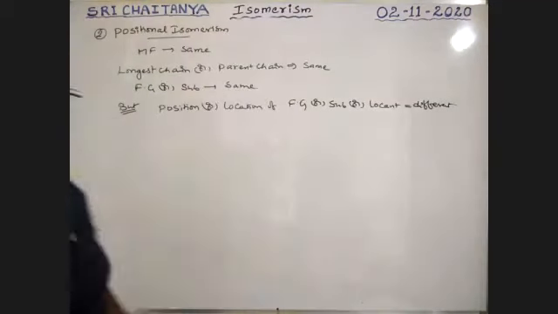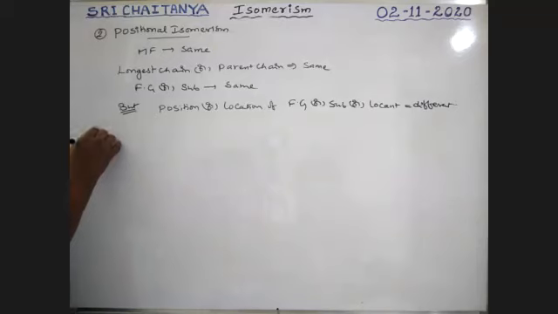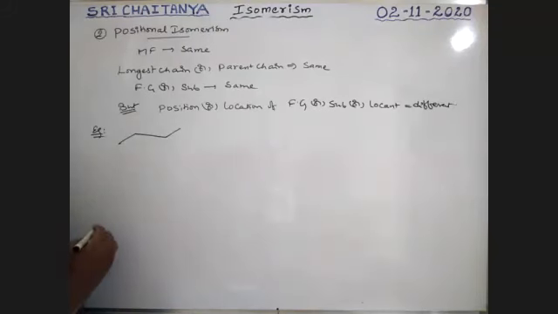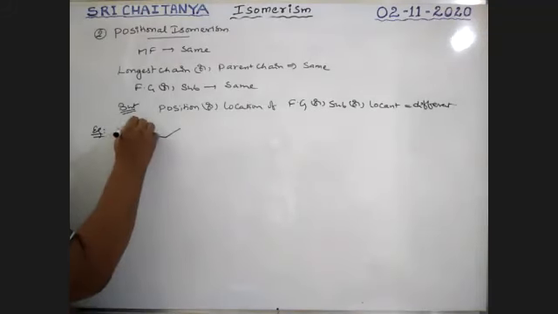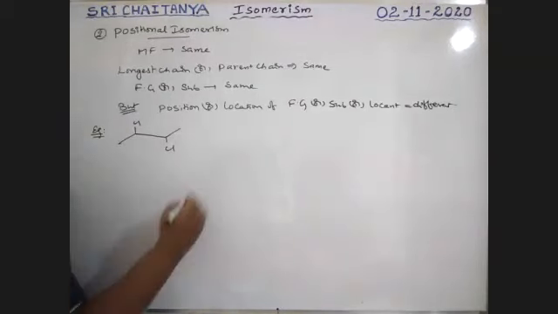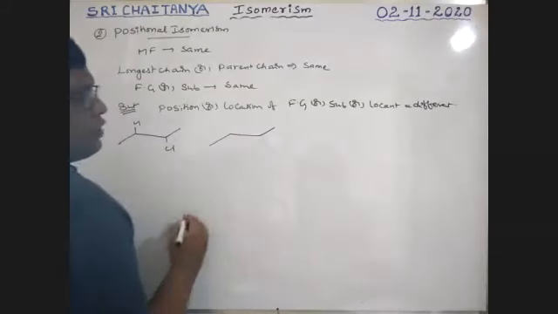See here some examples. Here I'm giving these two chlorines. So 2,3-dichlorobutane. Longest chain is a 4 carbon chain. Here also the longest chain is a 4 carbon chain.